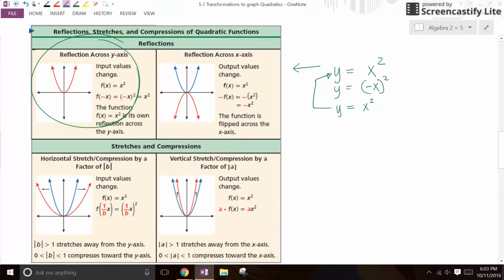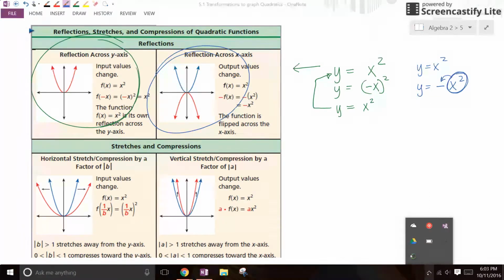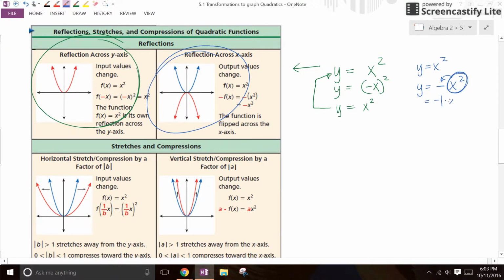Now, how do you make it reflect over the x-axis? This guy right here, you just take your regular old graph, but you drop a negative out front of that graph. So you take the graph that you had and you put a negative out front. So notice, no parentheses this time, right? So this means you have to square first and then make your answer negative. It should be almost written like -1 times x squared.